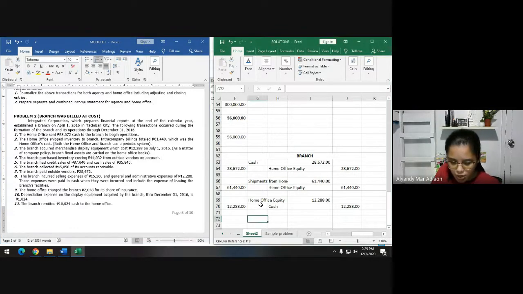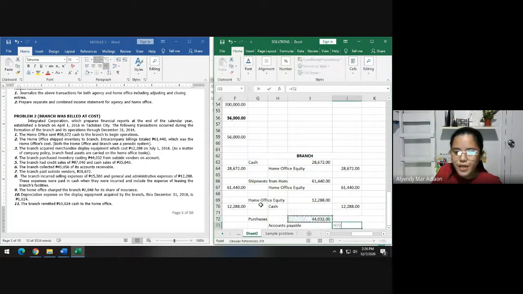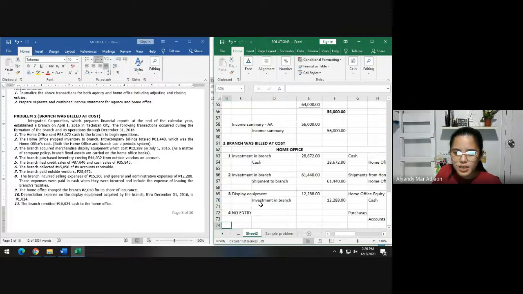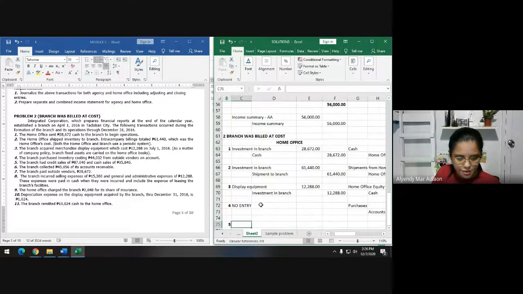So only the branch has a journal entry: debit purchases and credit accounts payable. Since that is a purchase on account, that amounts to 44,032.